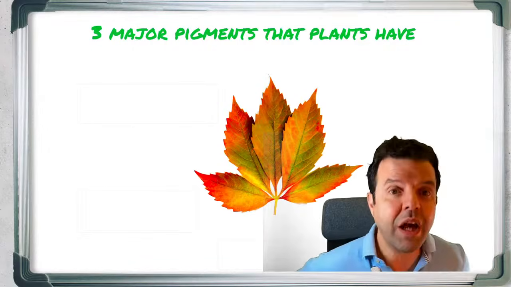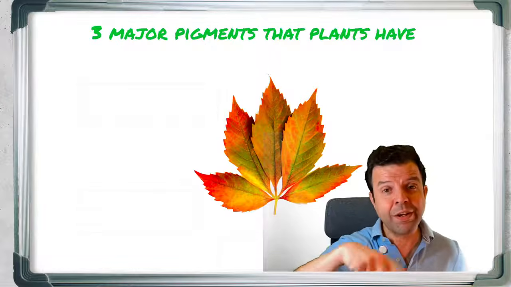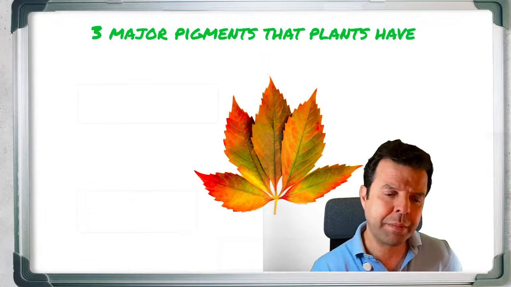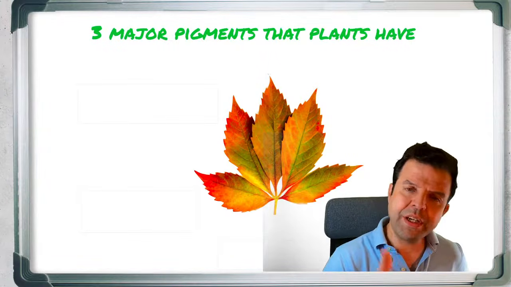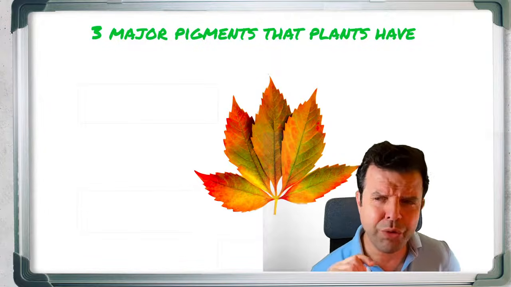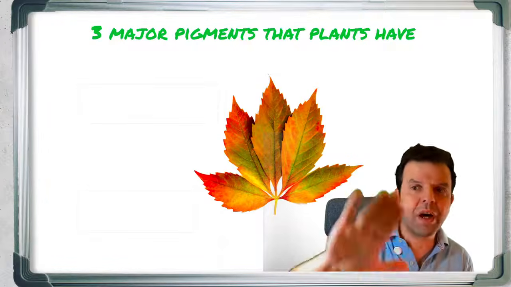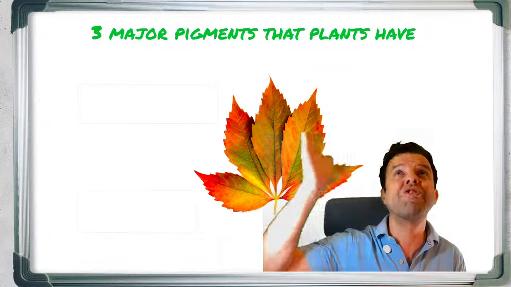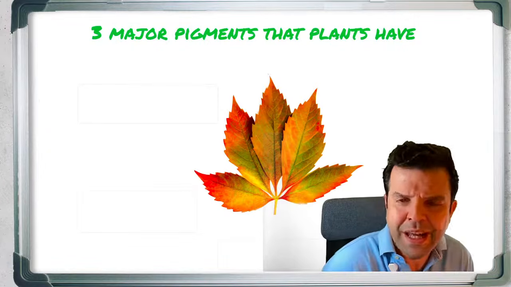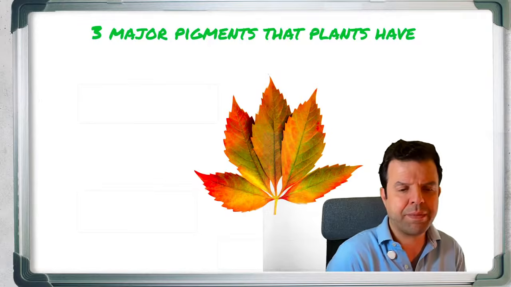There are actually other pigments whose job is to assist chlorophyll in absorbing light. Do you see here we have something orange, we have something yellow, and the chlorophyll. Usually we only see these in autumn because the plant gives up all of its chlorophyll, as there's not much light in winter and autumn, and leaves behind what we call accessory pigments.